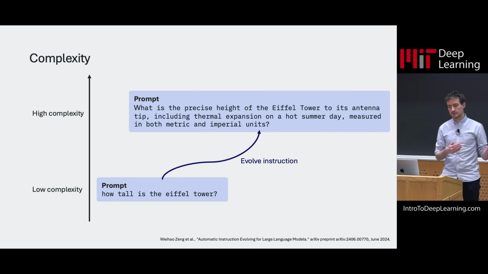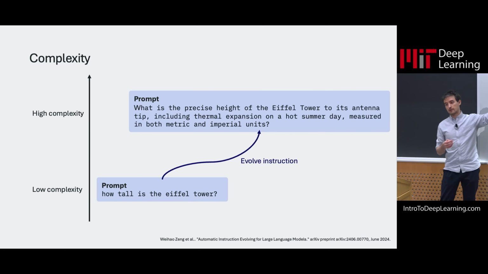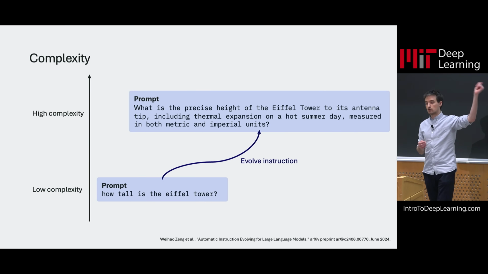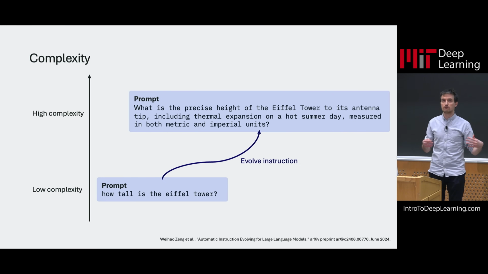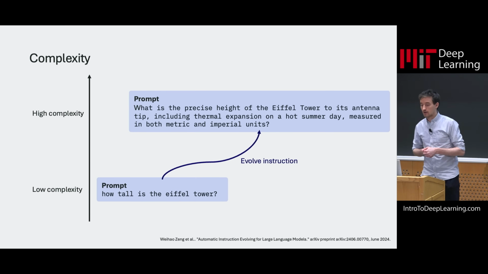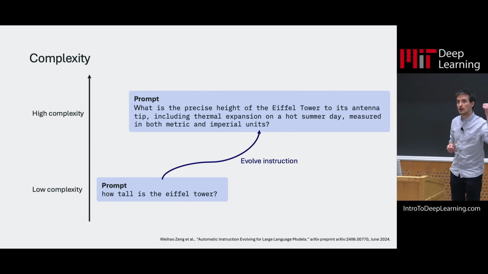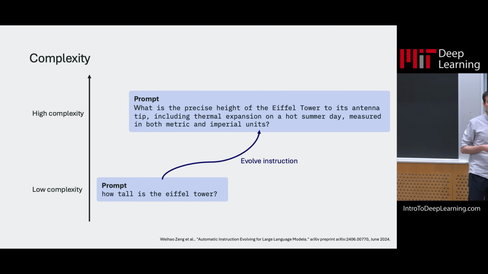Then there's the complexity. Here's a simple example I made. For low complexity, my prompt was, how tall is the Eiffel Tower? Very simple question. You can just write the answer with a few words, so the complexity is really, really low. But then I evolved it, and this is actually pretty neat, because I evolved it using a framework called AutoEval.